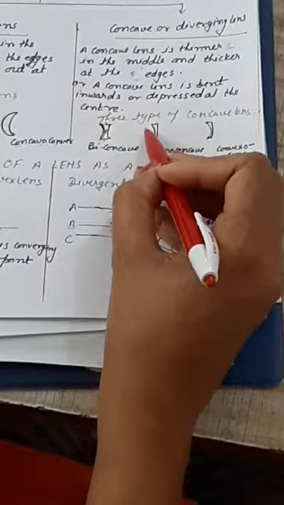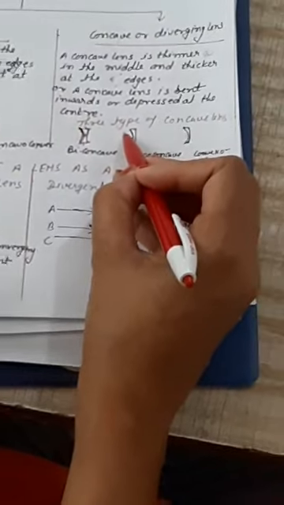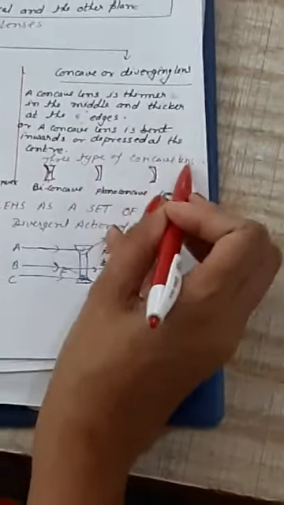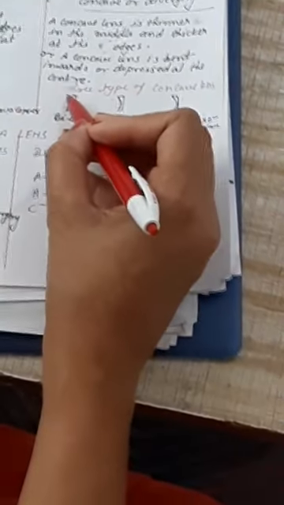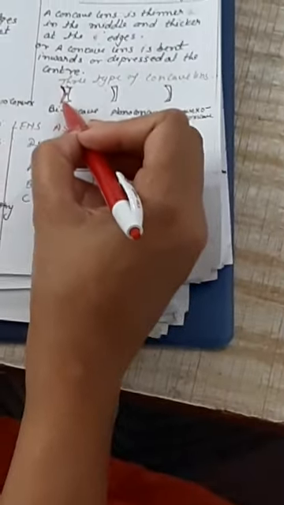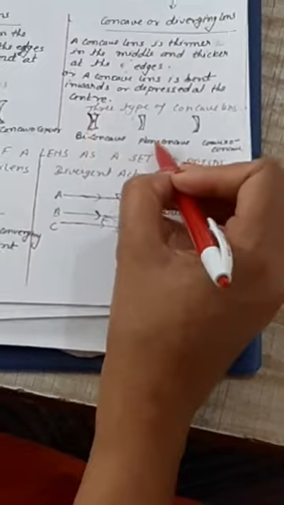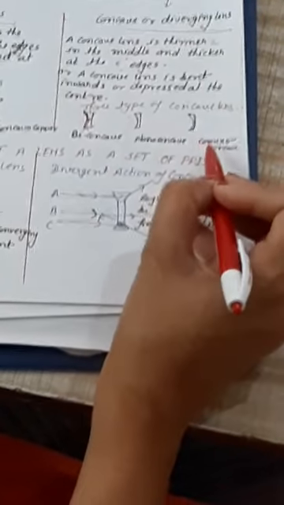Similarly, as we have discussed that the convex lens has three types, in the same way the concave lens also has three types. First is biconcave, second is plano-concave, third is convexo-concave.